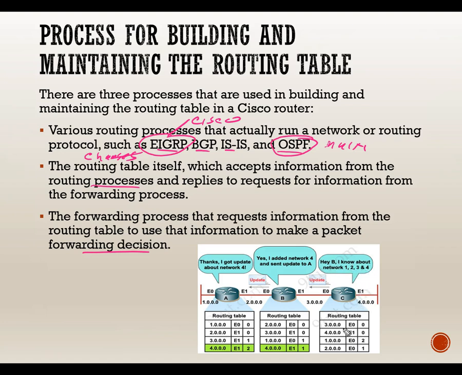So we have 1, 2, 3, and 4 in the route table, and it sends out information to router B. B says, yes, I've added network 4 and I sent an update to A. So with a 30 second broadcast, because this is a broadcast domain, it waits 30 seconds here. So it's going to be a minute before this one theoretically gets the information about E1. If it goes down, you've got to wait for that to happen.